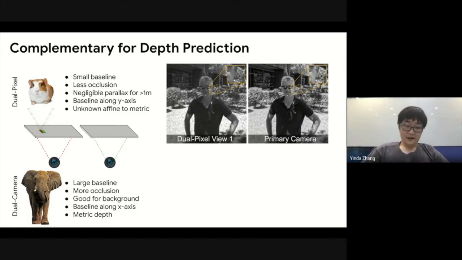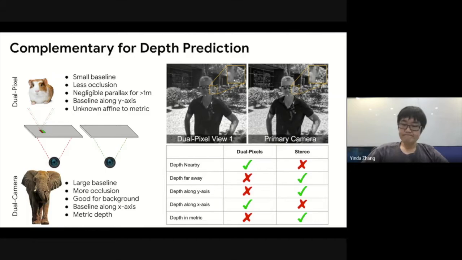And when we design the hardware, we can place the direction of the baseline of these two systems to be orthogonal, so that we can measure the depth change along all different directions. So if you check different properties of the depth you want to maintain in the output, you're going to find that these two systems are really complementary.